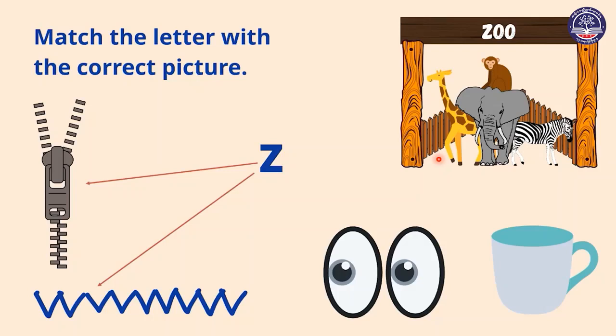Does zoo start with letter Z? Zoo. Correct. Zoo starts with letter Z, so we have to match it with letter Z. Good job, everyone. Now we are done with this exercise. Let's move on to the next exercise.